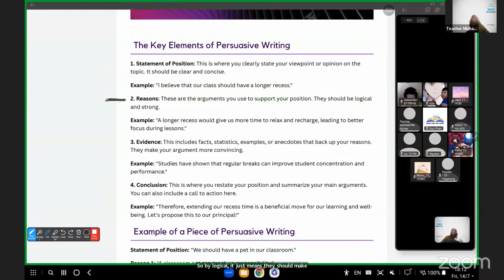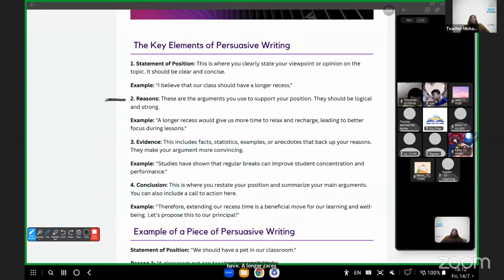It shouldn't be something easy and selfish. It should be a strong argument that anybody that reads this piece is going to agree with. An example of a good reason would be a longer recess would give us more time to relax and recharge, leading to better focus during lessons. So we're making a very strong case for why we should have a longer recess.